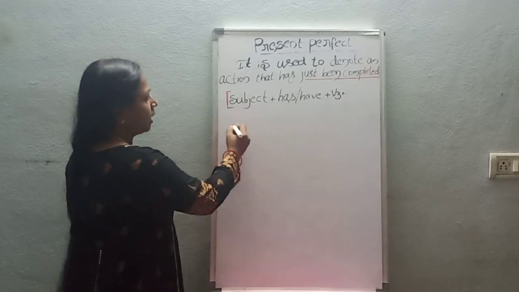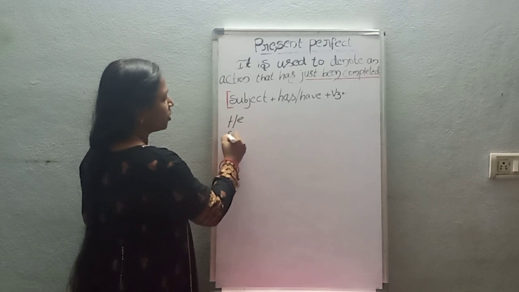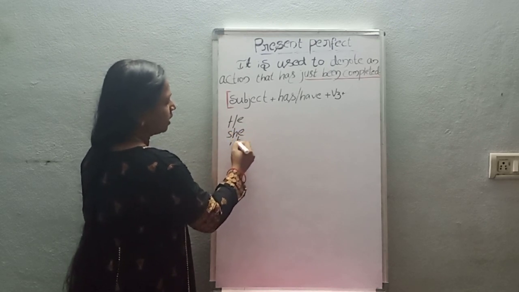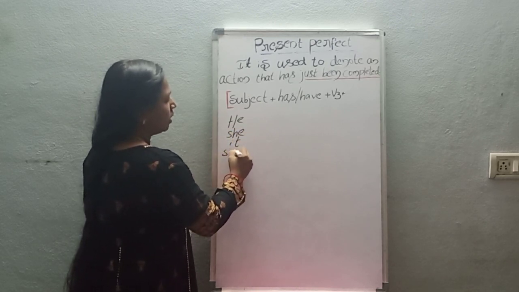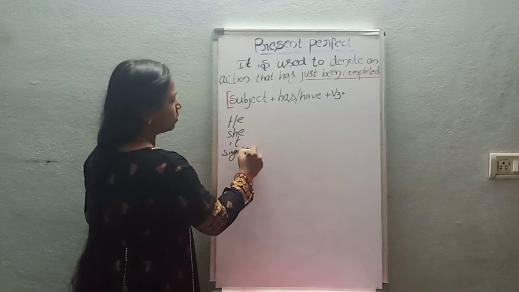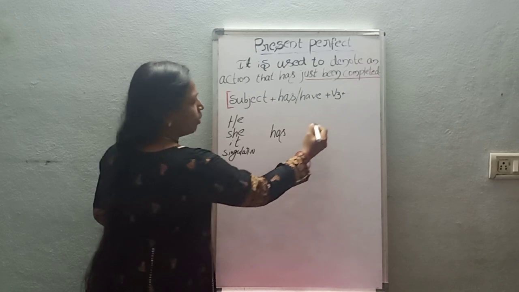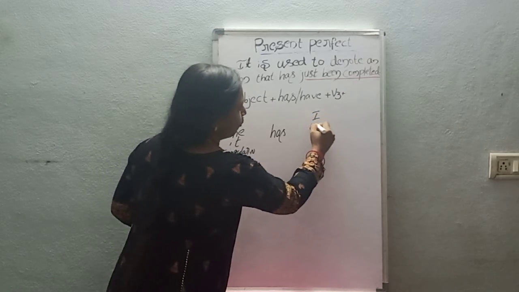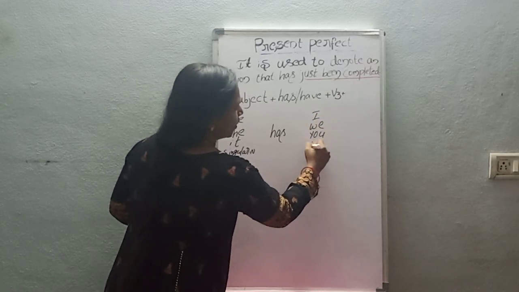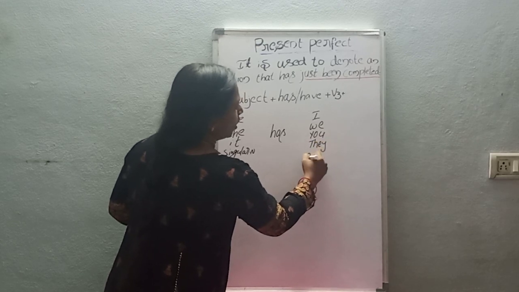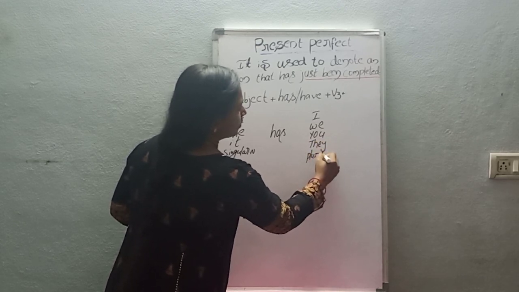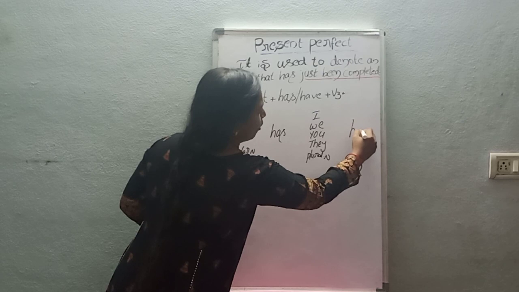When we use he, she, it and singular noun, we use has with it. When we use I, we, you, they and plural noun, we use have with it.